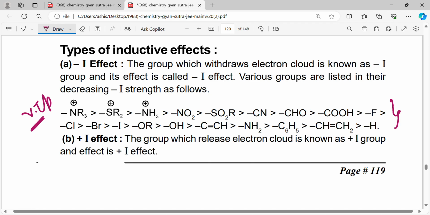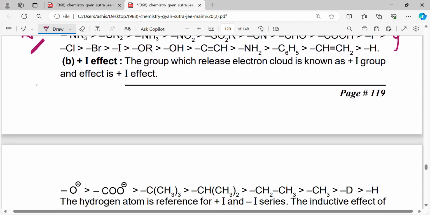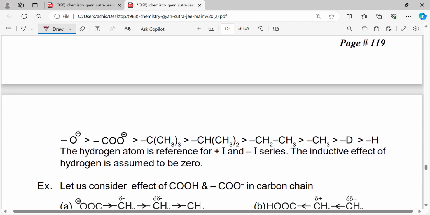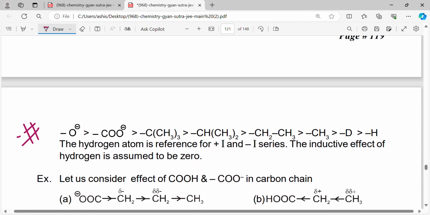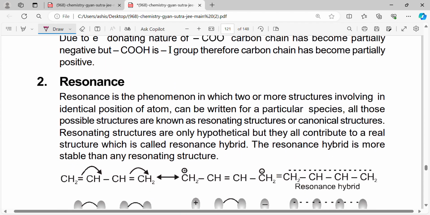That's a very important order. Plus I effect is when a group releases the electron cloud. So it is a type of electron releasing effect, and the order of plus I effect we have to remember. So that is the order of plus I effect.